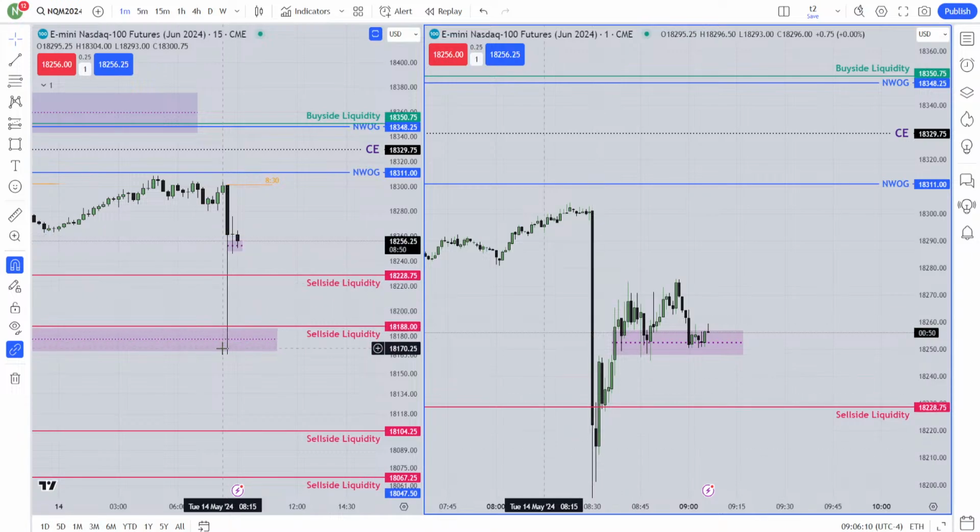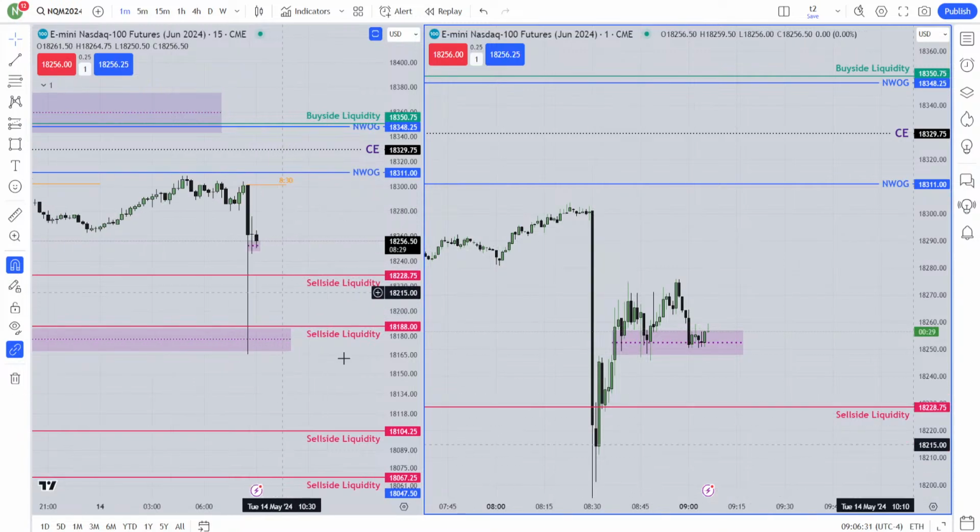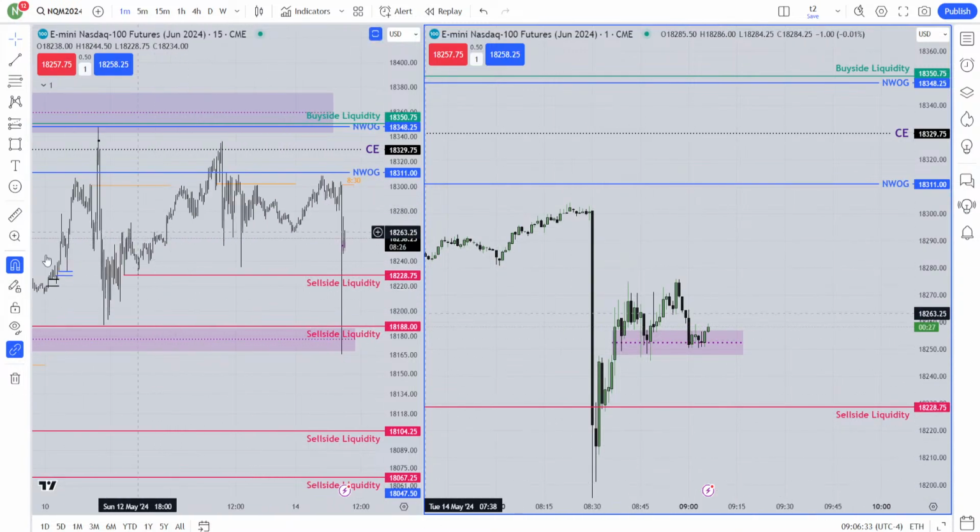Here I have a very nice wick from the news candle, but the news candle is not perfect to keep in your analysis. The news candle is always kind of a gap. Okay, this is fully a gap. So I actually don't like to mark the news candle, but still I don't have anything else.